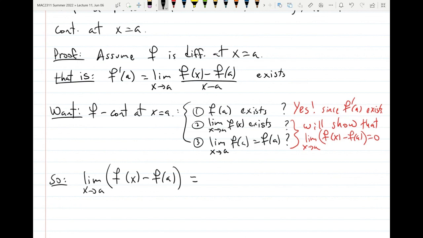So now I want to bring that into the picture, so I can do a little trick. x approaches a, but it's not equal to a, remember. So x minus a is not equal to 0. Close to 0, but it's not equal to 0 because x is not a. Do you understand this? We're approaching it. So I can divide by x minus a. So what I'm going to do is multiply top and bottom by x minus a. Why? Because I want to bring this guy into the mix. So let's multiply top and bottom by x minus a.